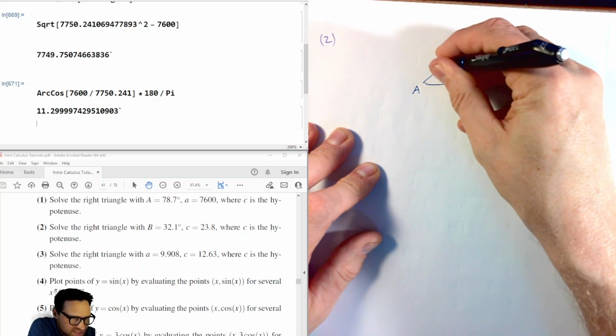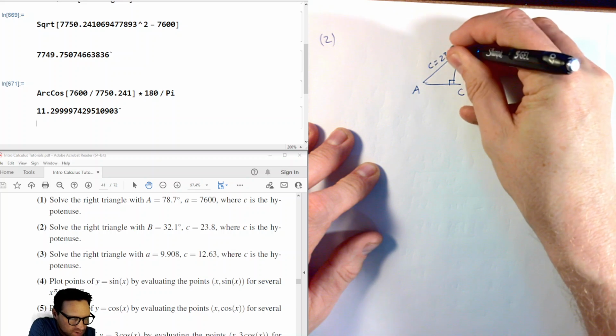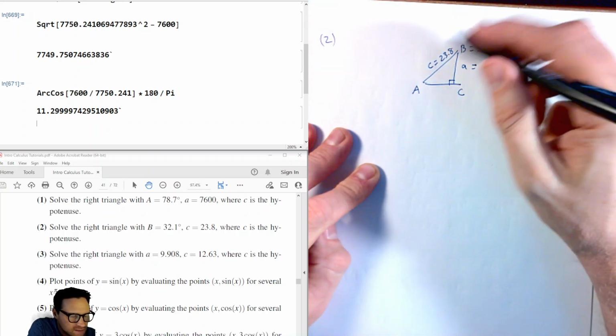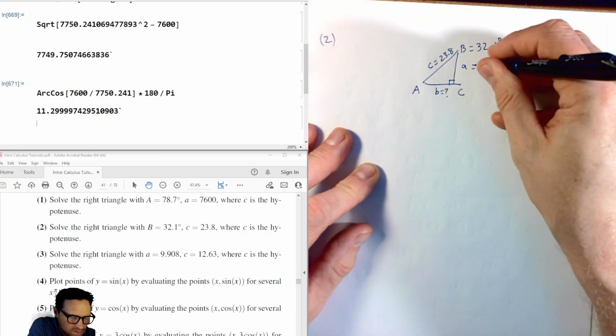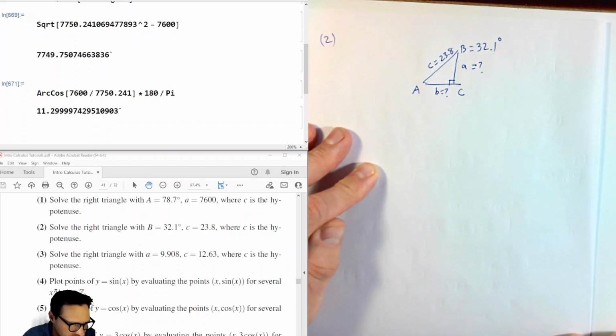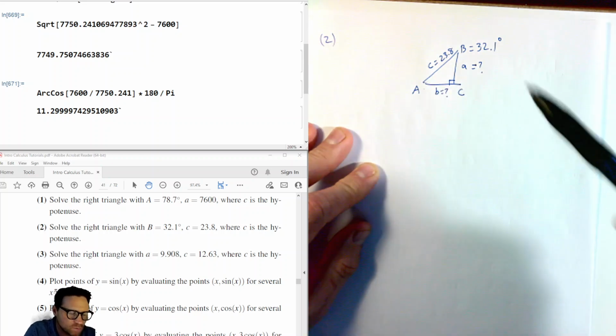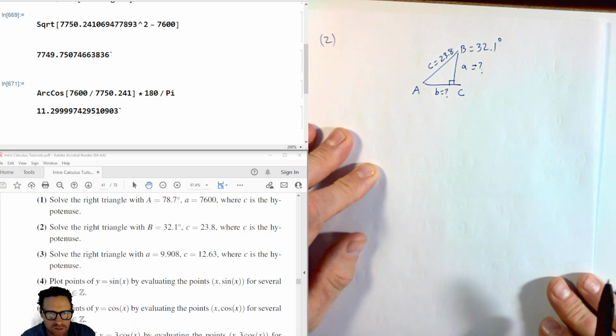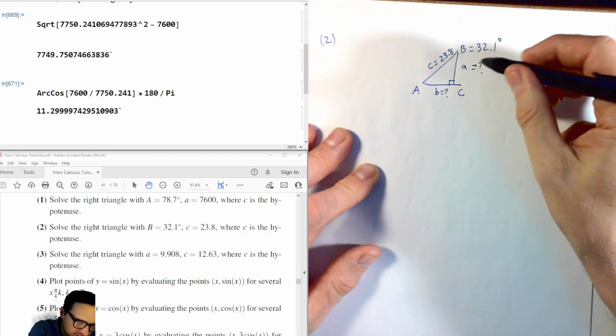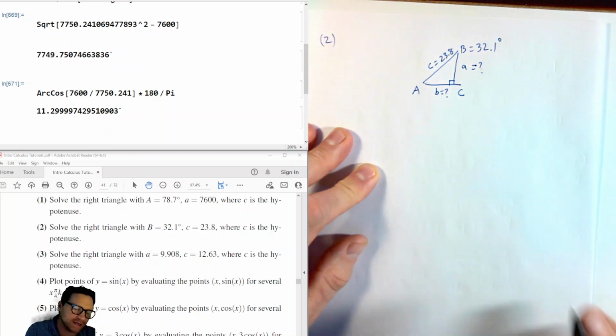Side length C is known as 23.8. That's the hypotenuse, and B is unknown. So we need to find angle A, side length A, and side length B. Let's start by finding side length lowercase a.